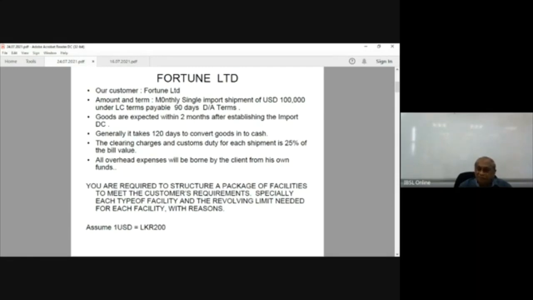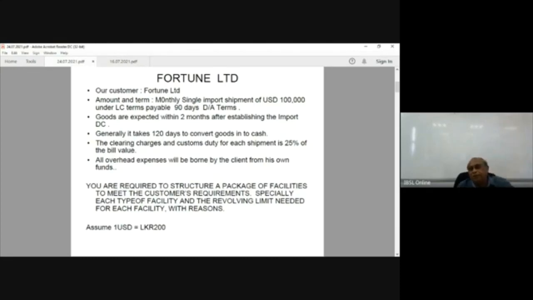That means he has to settle the payment 90 days after acceptance. Goods are expected within 2 months after establishing the import LC. When you open the LC, the lead time to receive the goods is 2 months.